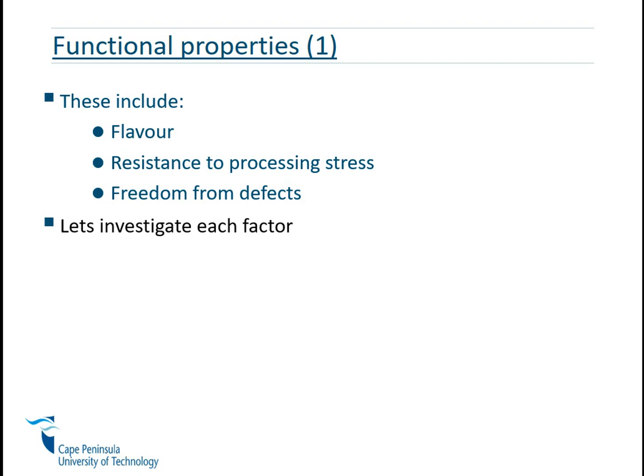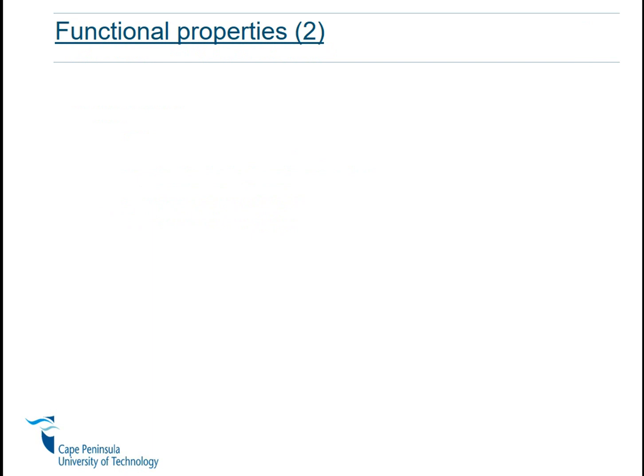So under these functional properties, we are going to talk about flavor, resistance to processing stress, and freedom from defects. And these are very important in the food industry as a whole. So let's look at each factor.